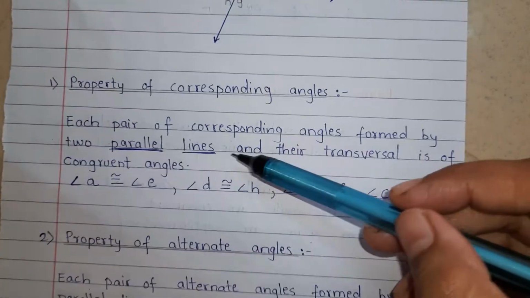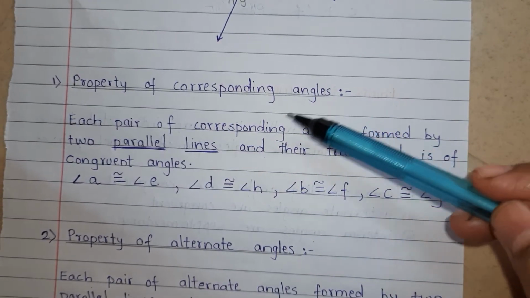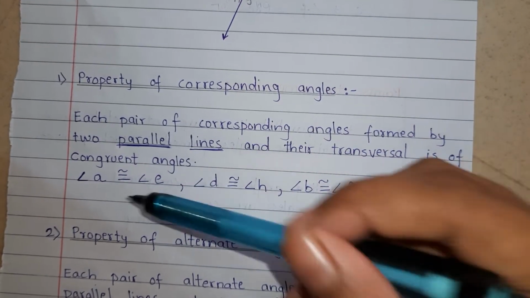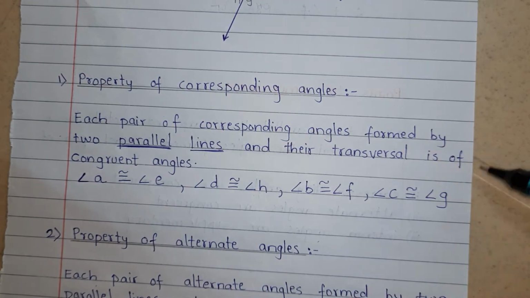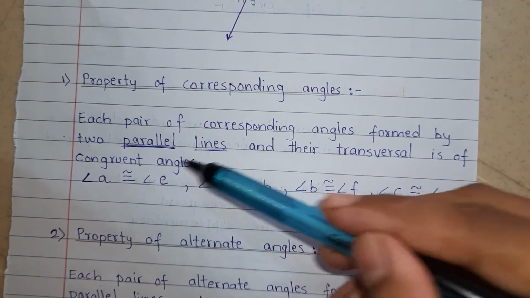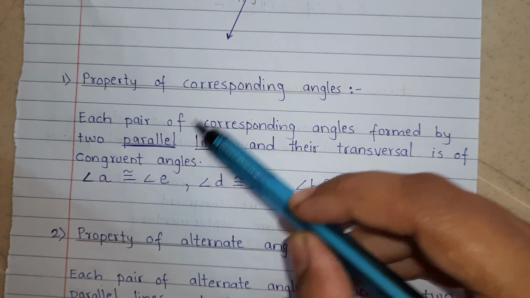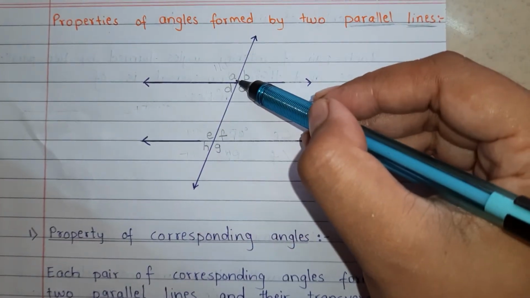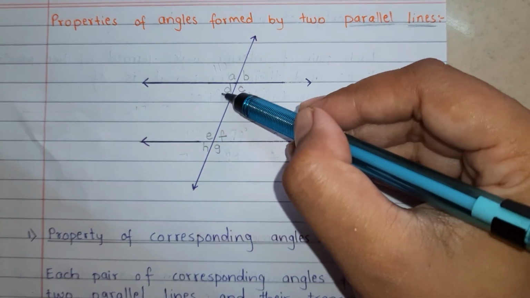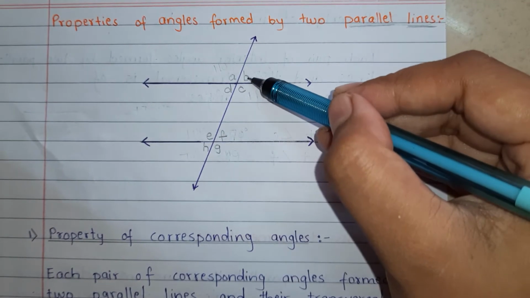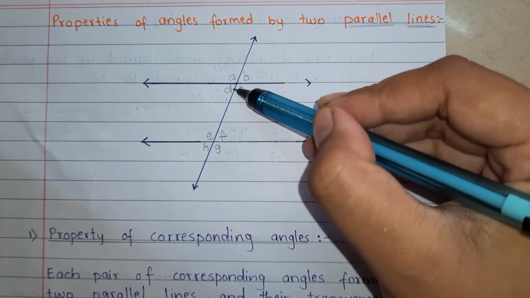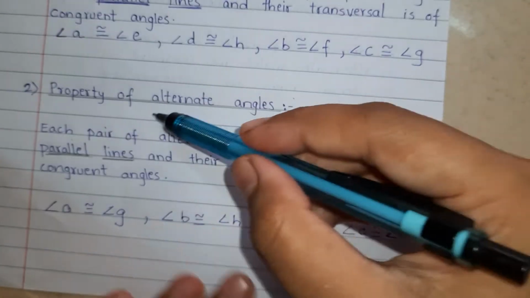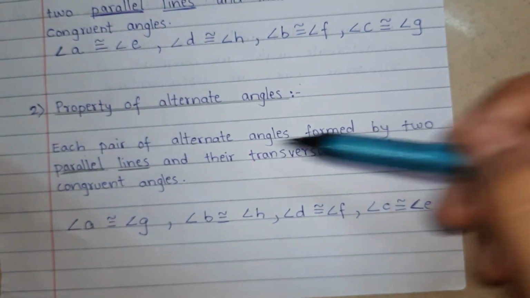So what is the first property? Property of corresponding angles. Each pair of corresponding angles formed by two parallel lines and their transversal is of congruent angles. Means all the pairs of corresponding angles are congruent. Means angle A congruent to E, D congruent to H, B congruent to F, C congruent to G. Next, property of alternate angles.